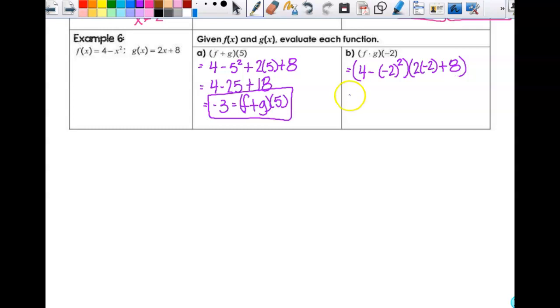So now I'm going to get 4 minus, well, negative 2 squared is a positive 4. So I end up with 4 minus 4. That's 0. And then 0 times anything is 0. So now just saying, oh, guess what? That's 0. Totally fine. f times g of negative 2. There you go. No domains here because you get the actual value. It's not necessary.